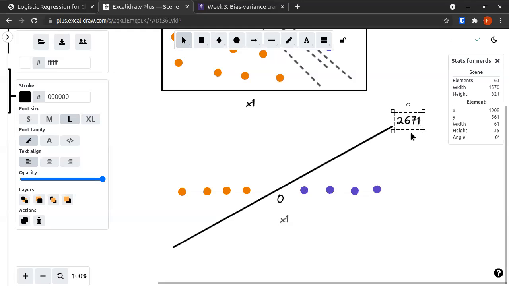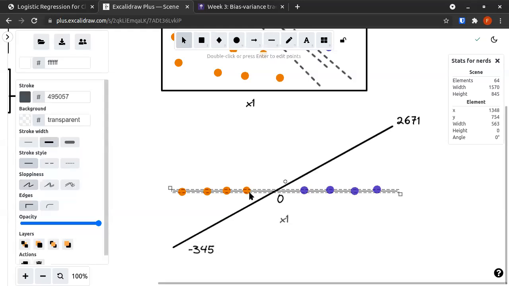It's very conceptually messy to think about rounding 2671 to 1. And if we round, say, -345 to 0, it just doesn't make a lot of sense to think about predicting y hat as some value of a linear regression. We know that the true value of y is always 0 or 1.